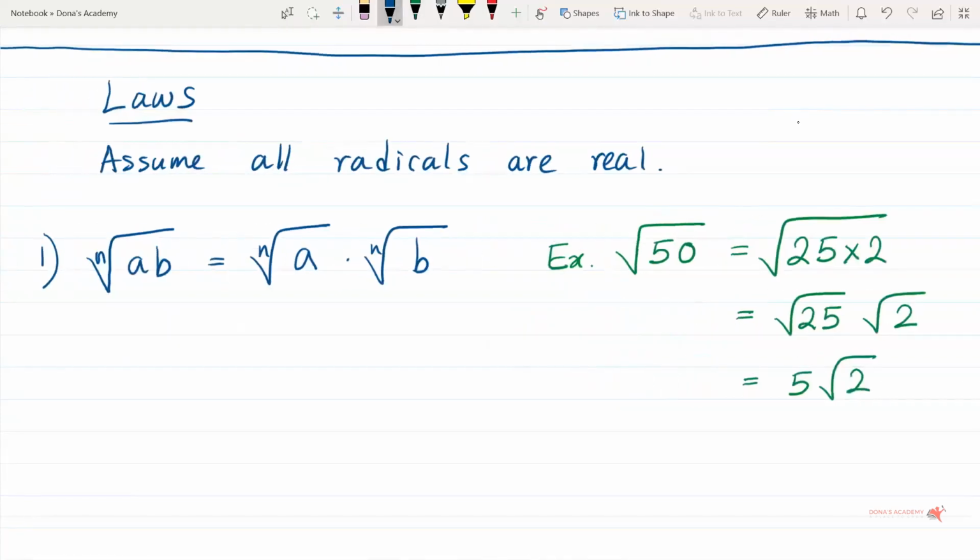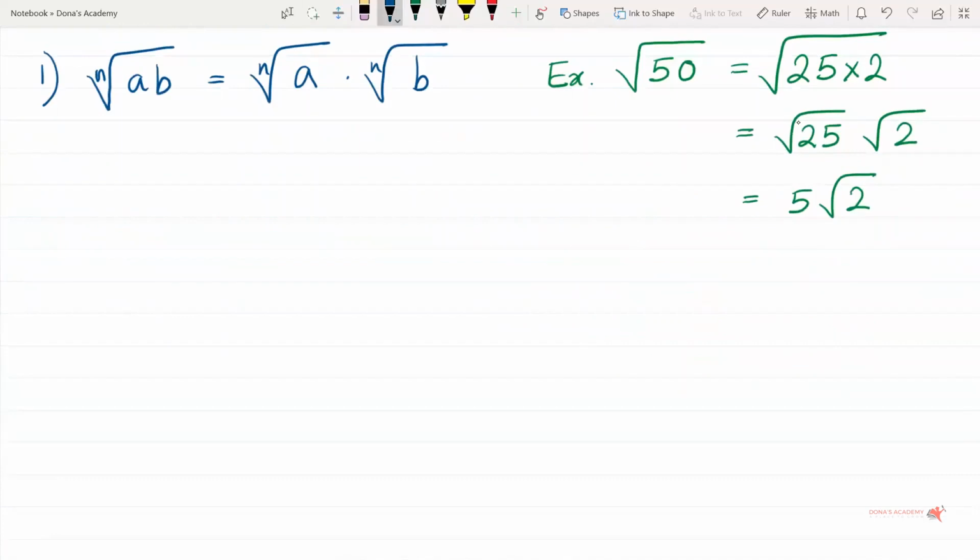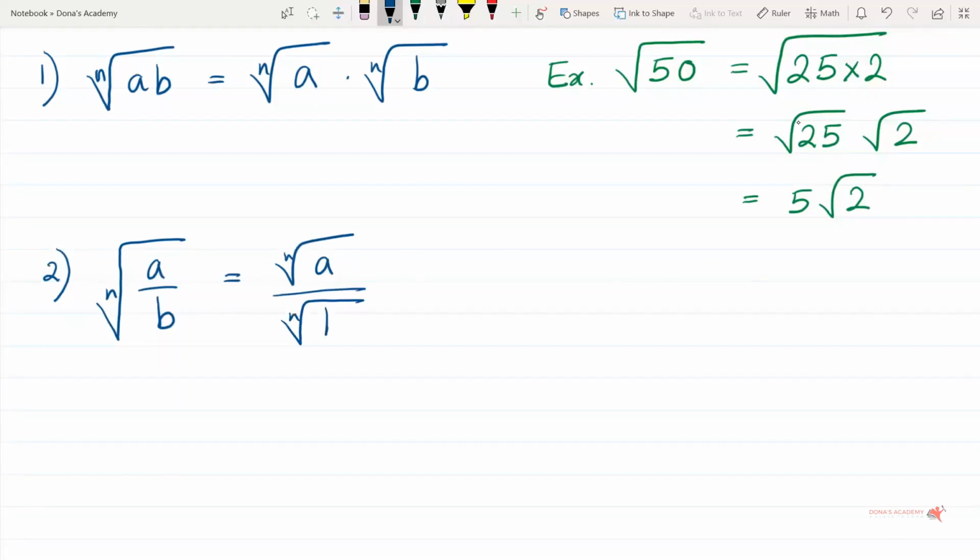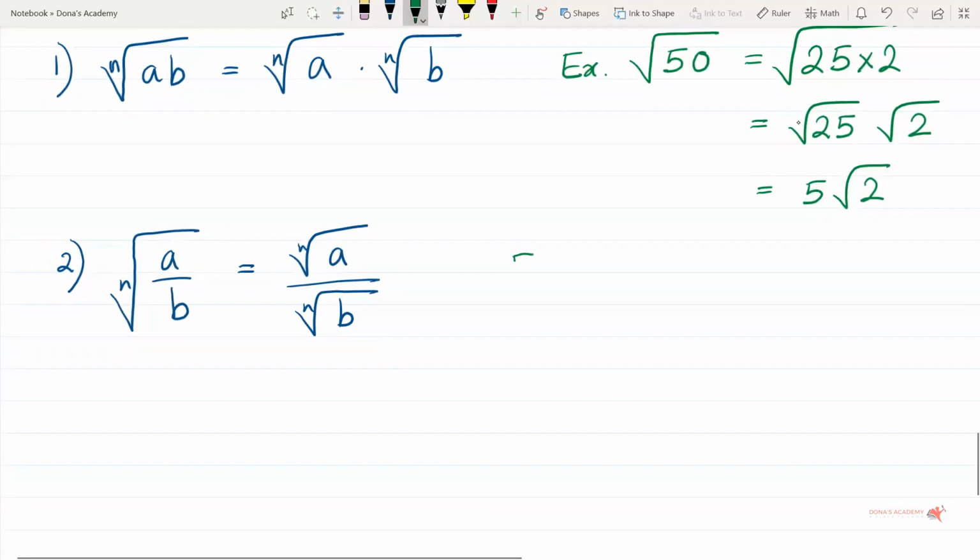My second law is if you take the nth root of a division or a quotient, then this is again a split. We can split them into two pieces. Example, let's take the third root of 2 divided by 27.